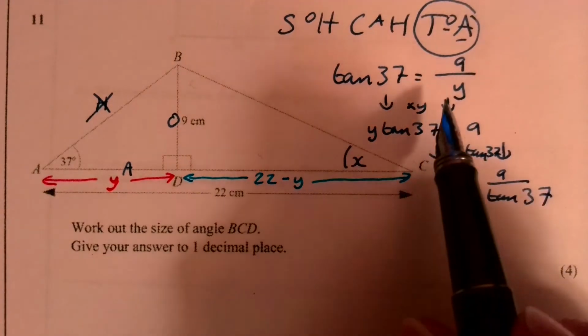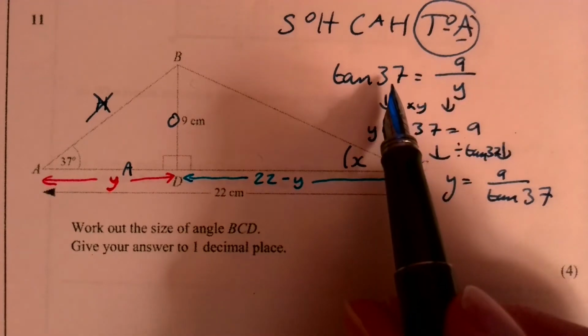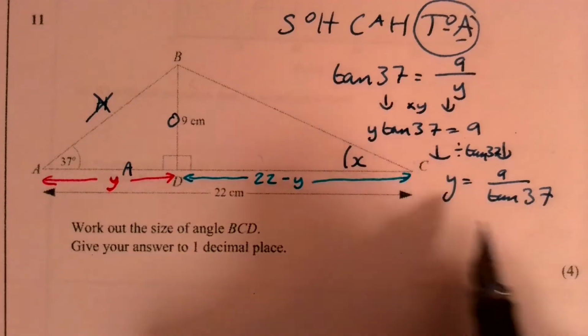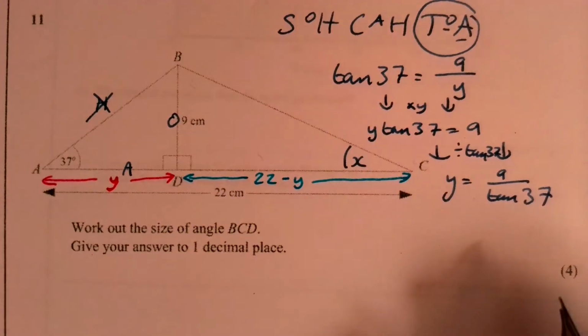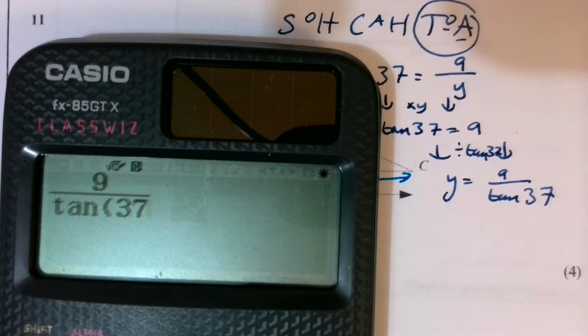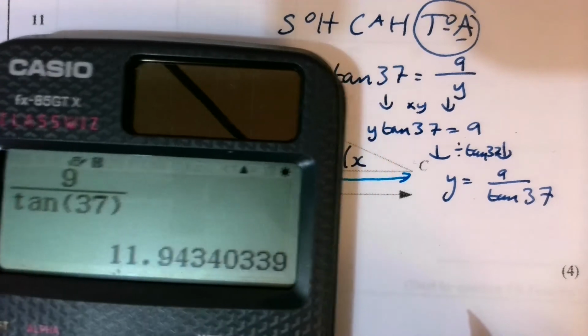Some of you will be used to, and you may have done it in science, that whenever you've got something equaling something over something, you can swap those two values straight over. So you may have just done that in one go, which is absolutely fine. Once you've done that, you just whack it into the calculator, remembering to close the brackets on the 37, and that gives you 11.9434.